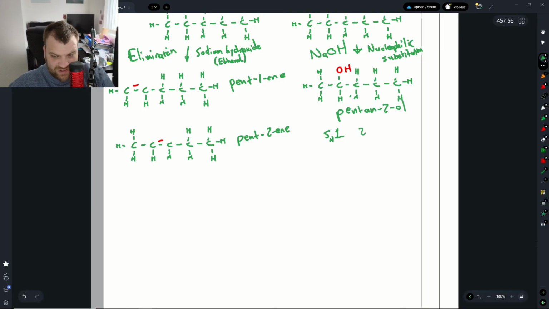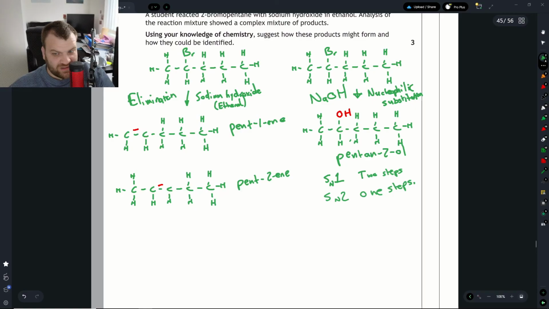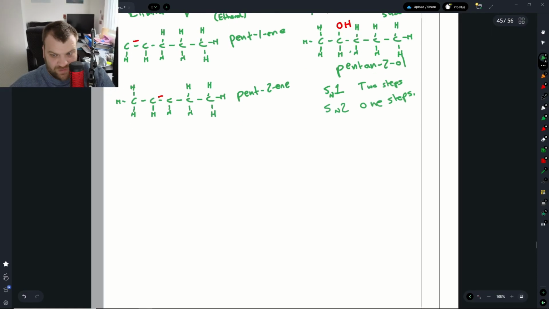An SN1 reaction happens in 2 steps. SN2 happens in 1 step. The chemical we're dealing with is a secondary haloalkane.